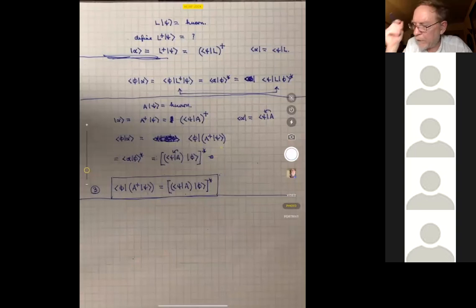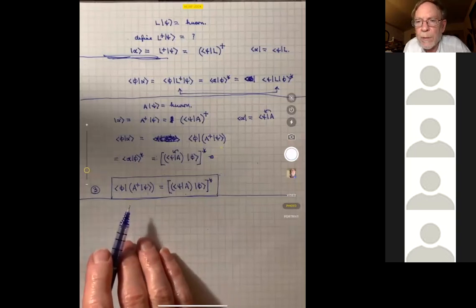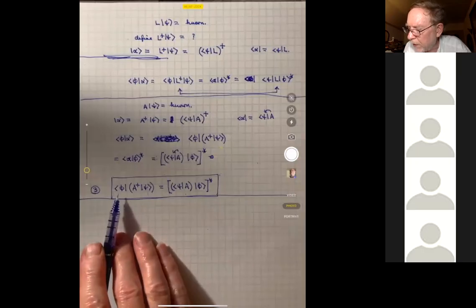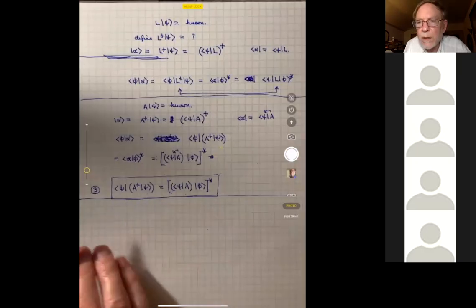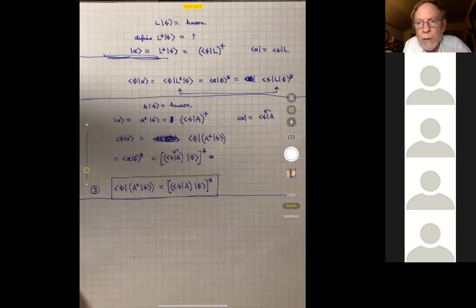I shouldn't have called it a matrix element. I should have called it a scalar product, because that's what it is. It's a scalar product of phi with this vector in the parentheses there. To interpret it as a matrix element, you're quite right, you need to worry about which direction you act in. So let's not get into that. Practically speaking, you don't need to. Let's just not call it a matrix. It's really a scalar product.